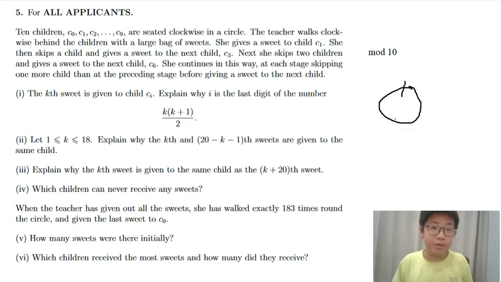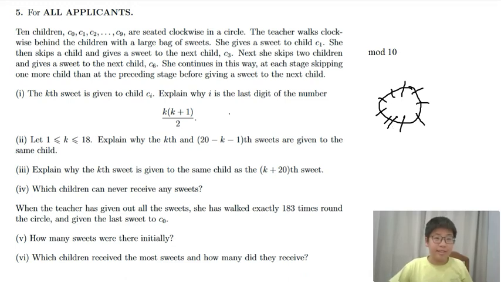So we have a circle of 10 kids: 1, 2, 3, 4, 5, 6, 7, 8, 9, 10. Now we have a very inaccurate clock diagram of modulo 10. And so the last digit of the number k(k+1)/2 is basically the triangular numbers mod 10, and this is what we're trying to find in the question.